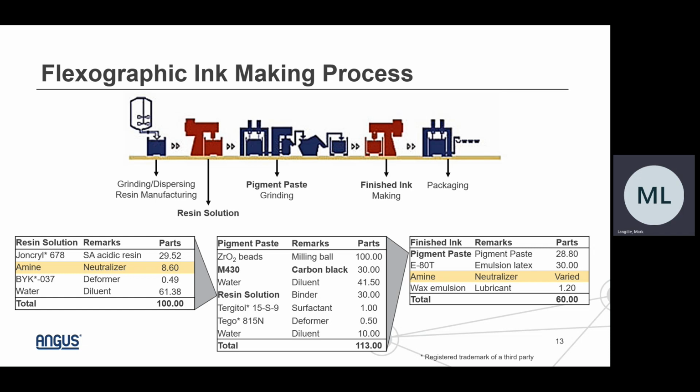The resin solution is then introduced into the pigment grinding step, and this creates a pigment paste. This is when something like AMP has an opportunity to interact with and help disperse the carbon black particles. The finished ink is then completed from the resin-containing pigment paste, and the final pH can be adjusted with a neutralizer. Again, we are looking at the neutralization of this with AMP.